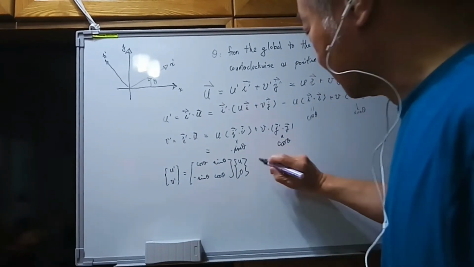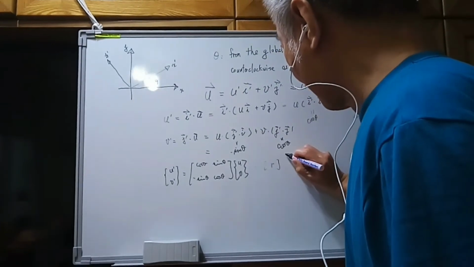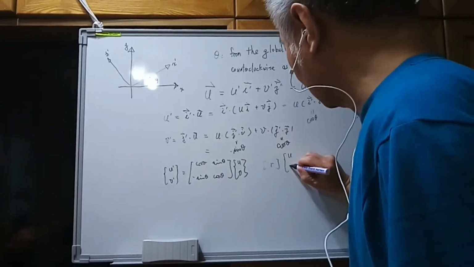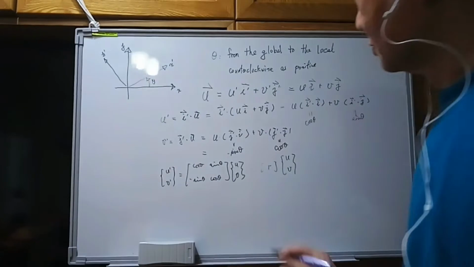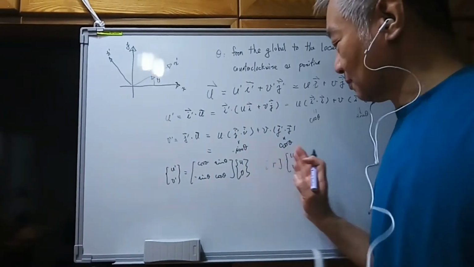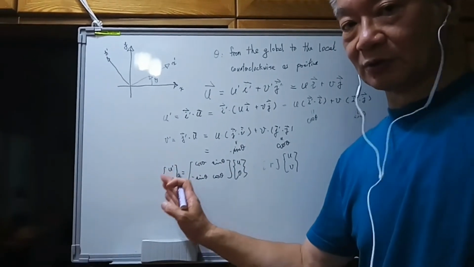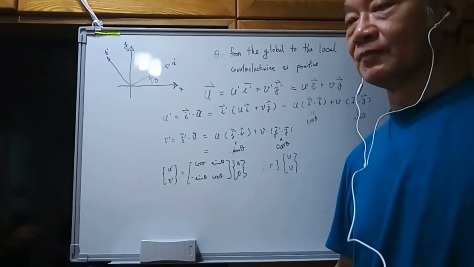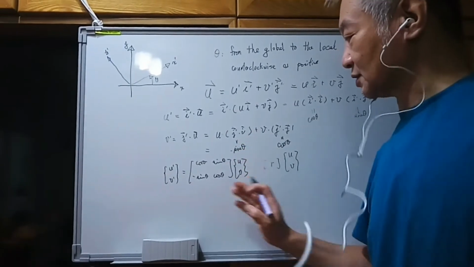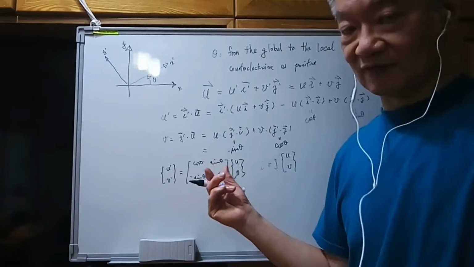Okay, so let's say that's the R matrix times u v. So what is the R matrix? The R matrix multiplied by the global components gives you the local components. And the R matrix's top right corner is a positive sign.